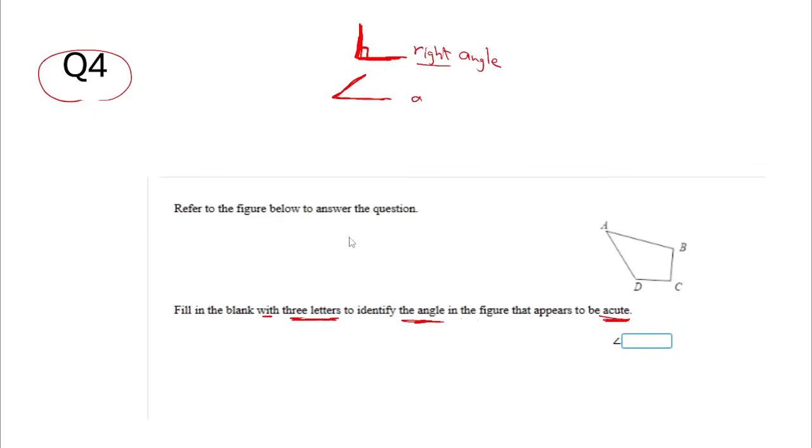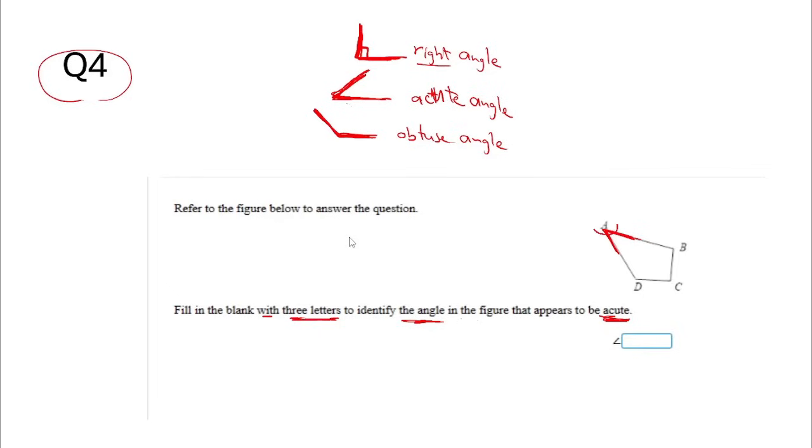This is an acute angle. And we have an obtuse angle. Here it's asking about acute, so we need to find an angle having the same shape. So let's see, A, no, C, no, D, no, A. Yes, A has the same shape.